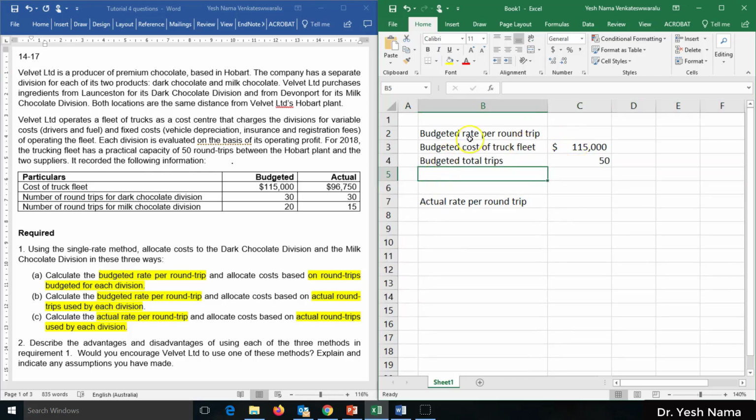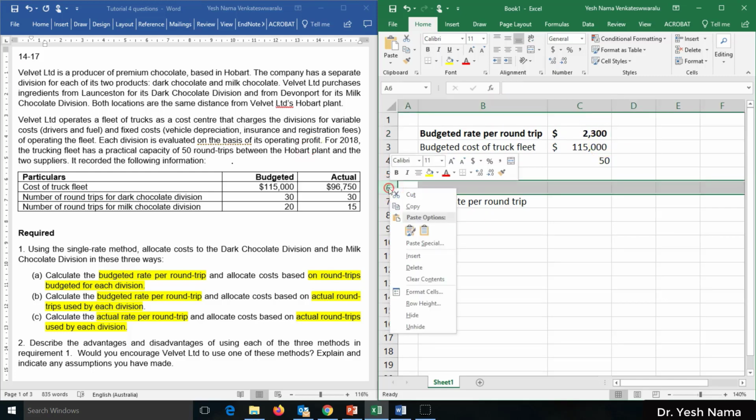To calculate the budgeted rate per round trip, we will divide the budgeted cost of the truck fleet by the budgeted total trips. So it will be 115,000 upon 50. So the budgeted rate per round trip is $2,300.